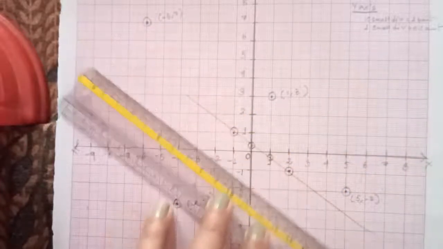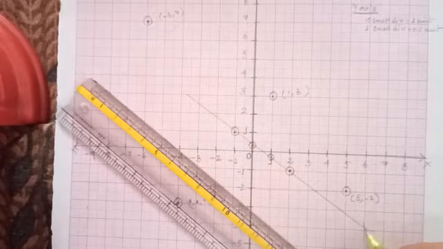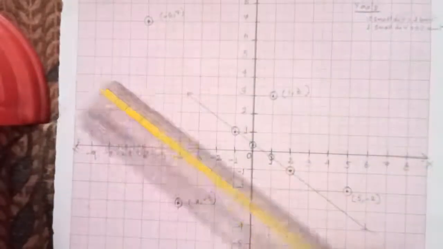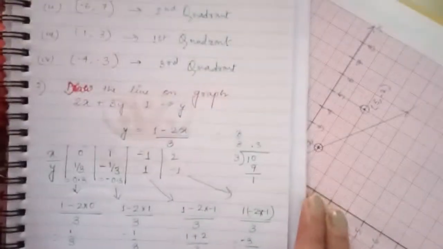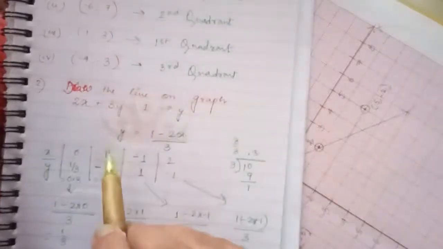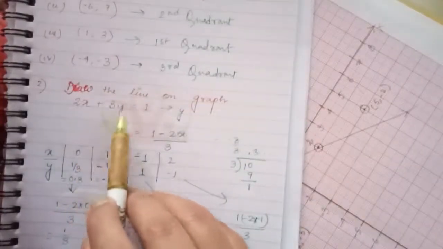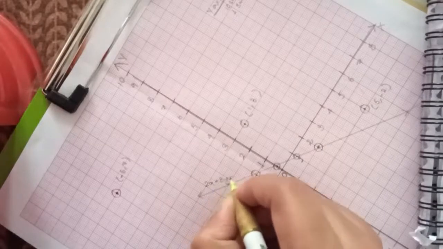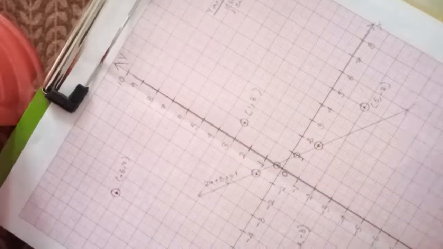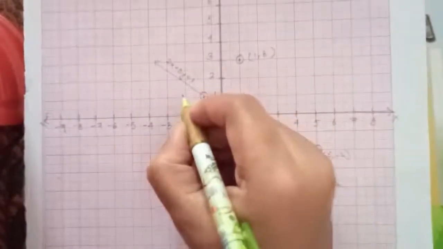So I have drawn this line, and I'll put 2 arrow marks. And I'll write the equation of the line. What was our equation? Our equation was 2x plus 3y is equal to 1. So I'll write over here 2x plus 3y is equal to 1. It will be better that while drawing these points, you write the points also.